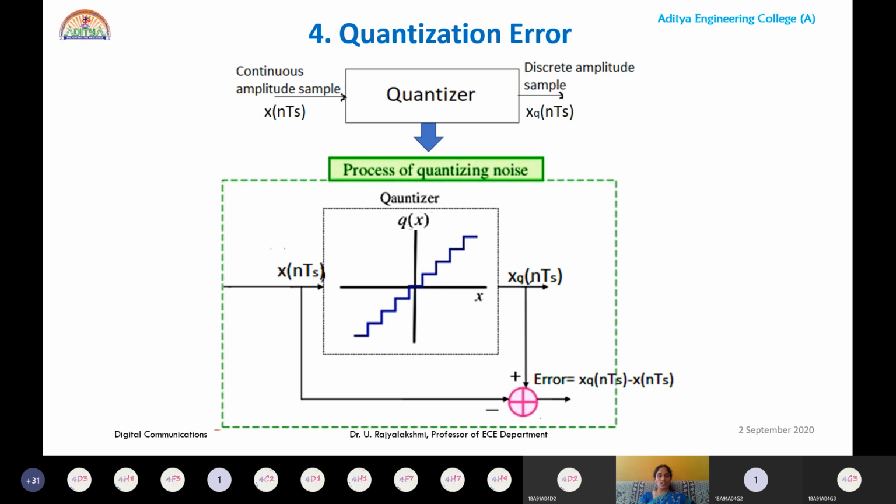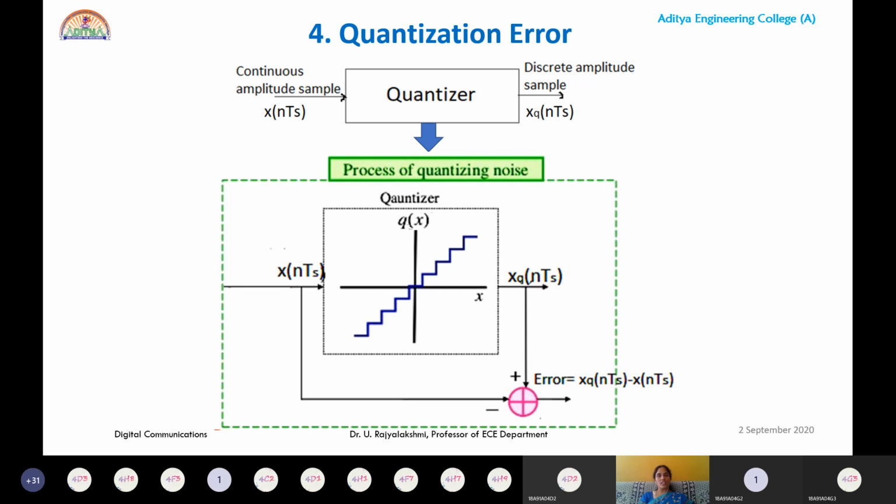What is the representation level? The amplitude levels shown on the y-axis. The spacing between each successive amplitude level on the y-axis is constant. That's why I can say this characteristic is an example of uniform quantization.